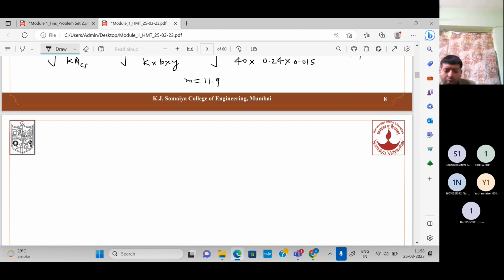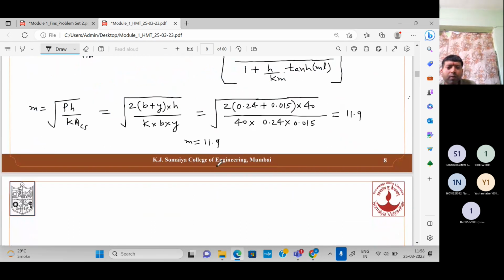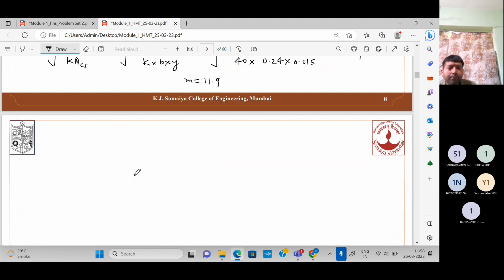Now we'll calculate ml because it is required in this expression above. The unit of this m will be per meter. Now ml will be equal to this 11.9, which is m, into L. What is L?